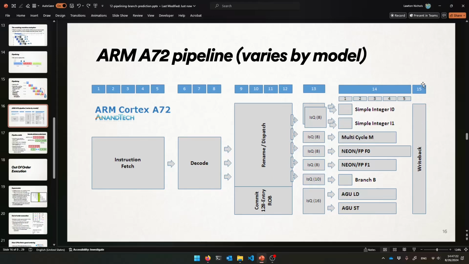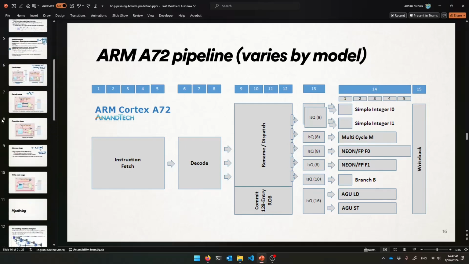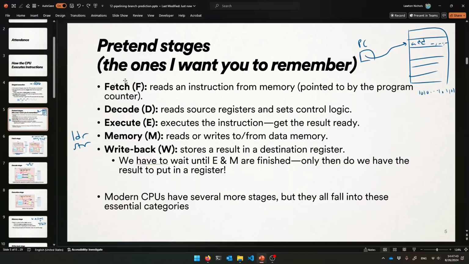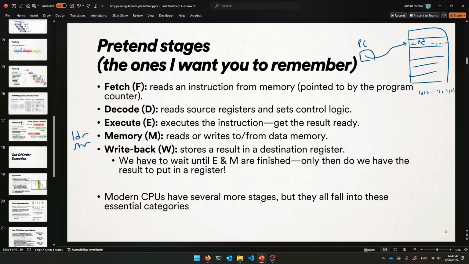So it's about 15-ish clock cycles in the best case to run an instruction these days. 15 different real stages, but they can all be broken down mostly into fetch, decode, execute, memory, write back. Okay, so that's what modern day CPUs look like, but it's still absolutely worth it to understand the basic idea. You can go fancy on your own time.